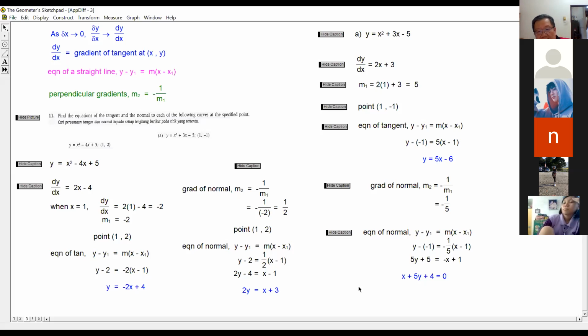When you equate gradient with dy dx, you'll find the value of x. If you know the value of x, that means you know the point. So actually they want you to find the point. Any more question? If not, then carry on.